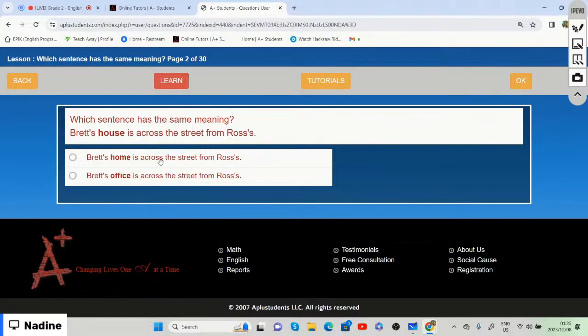It says Brett's house is across the street from Rose's. Do we say Brett's home is across the street from Rose's, or Brett's office is across the street from Rose's?